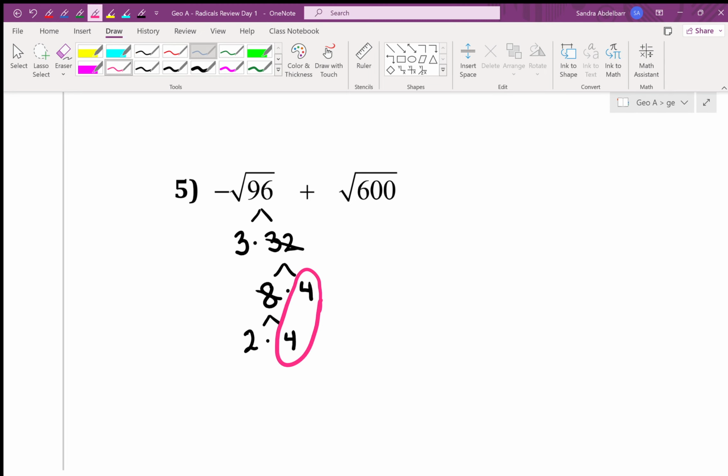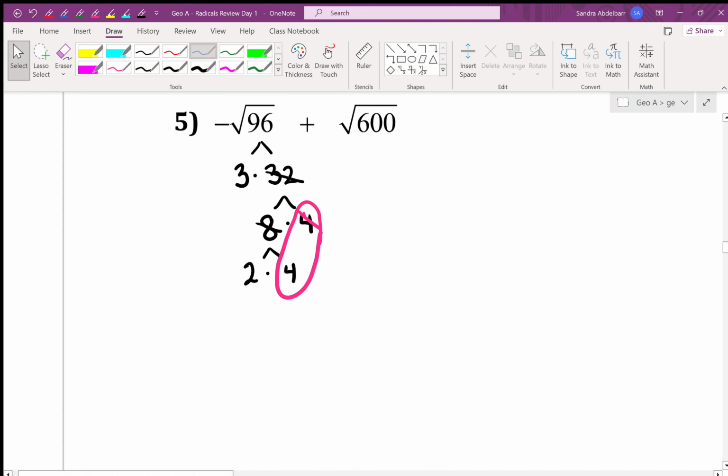What do we need? Pairs. So that means I have 1 4 going on the outside. Isn't there already a -1 out there? So this just becomes a -4. But what are the 2 numbers left on the inside? 3 and 2. Do I add them or do I multiply them on the inside? Multiply them. So it's going to be -4 root 6.